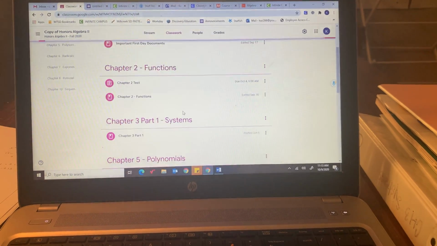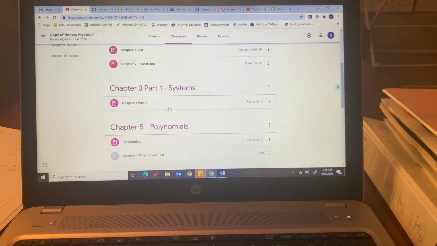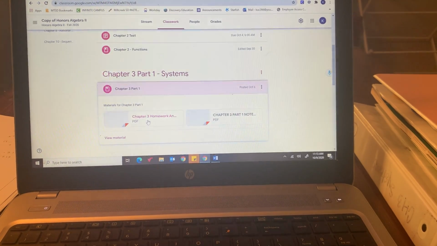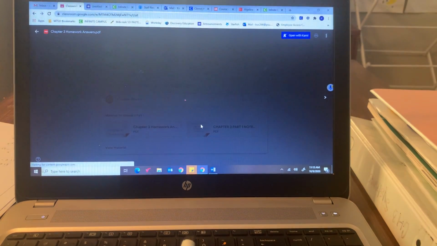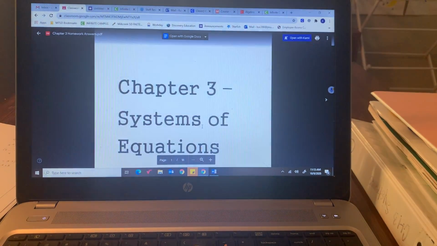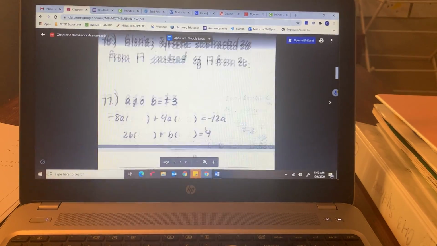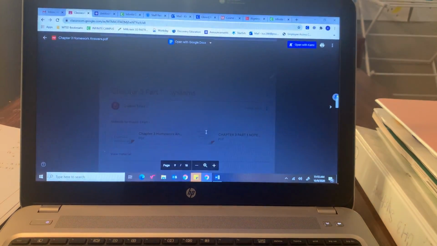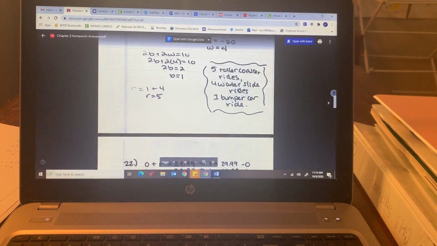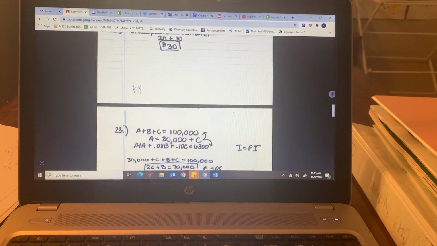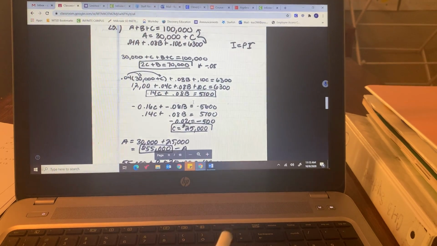Go down to part 1, systems, homework answers. Here. So each piece of paper is, oh, there we go.